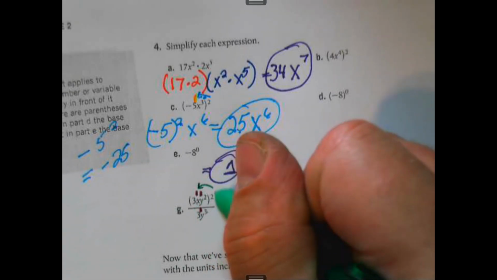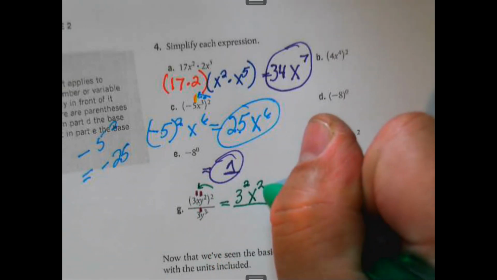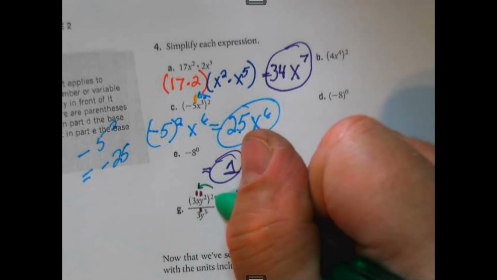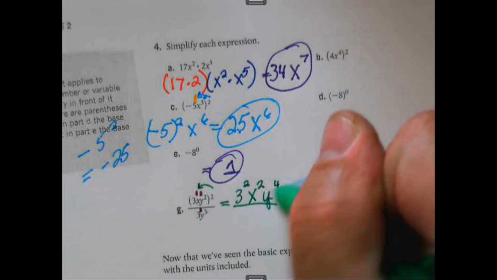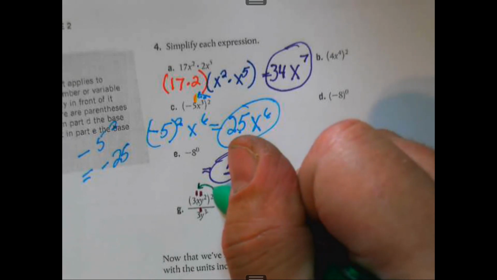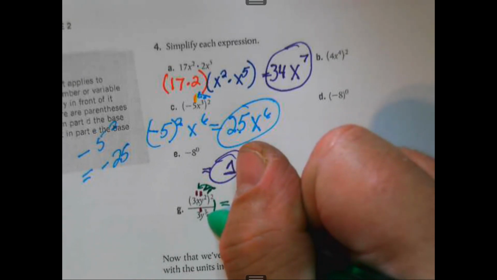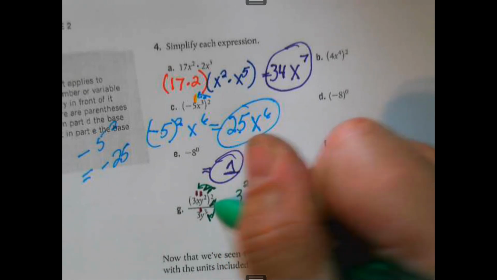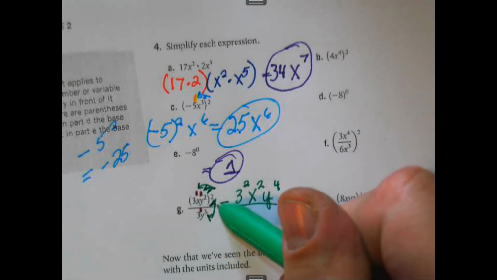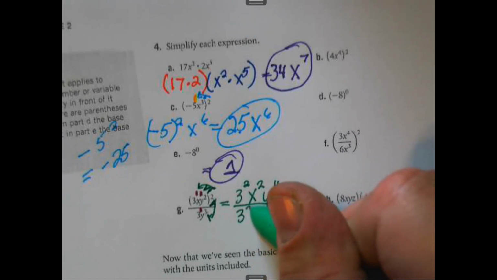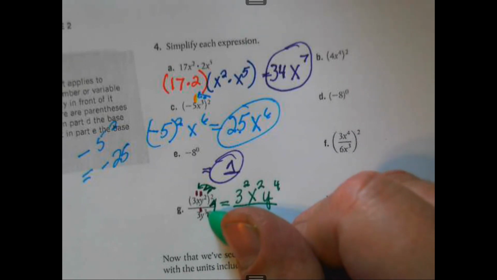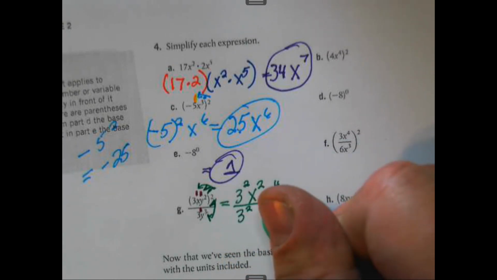X to the 1 times 2 is x squared. Y to the 2 times 2 is y to the 4th. Distributing to each exponent, 3 to the 1 times 2 is 3 squared. Y to the 3 times 2 is y to the 6.